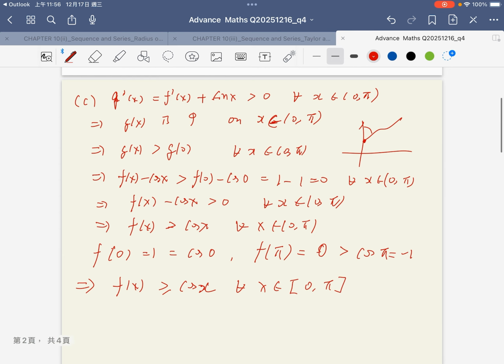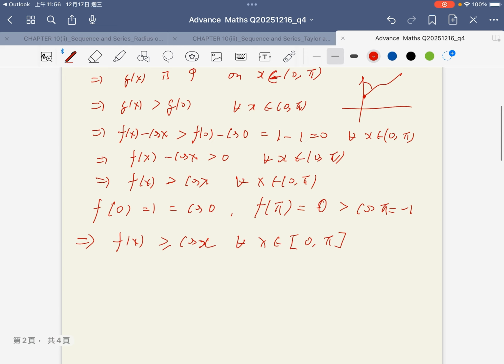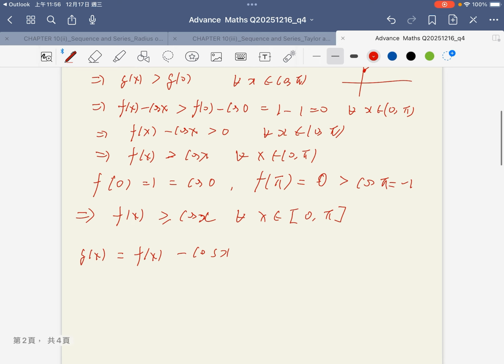Next step, you can see that g(x) equal to f(x) minus cosine x. We want to prove g(x) is an even function.